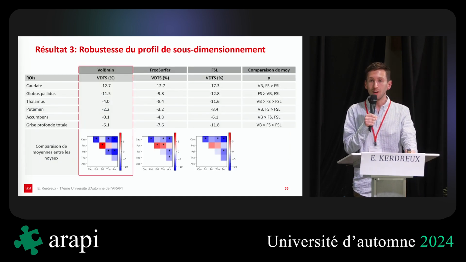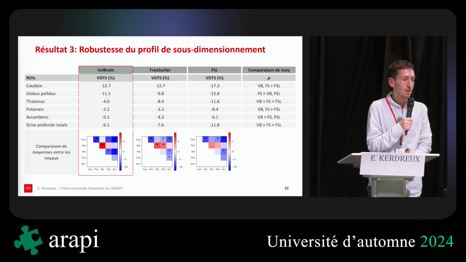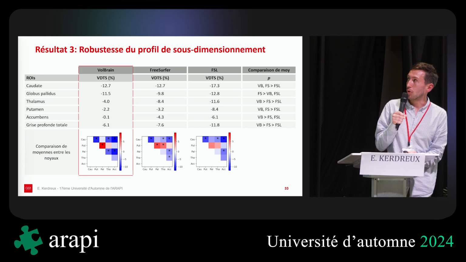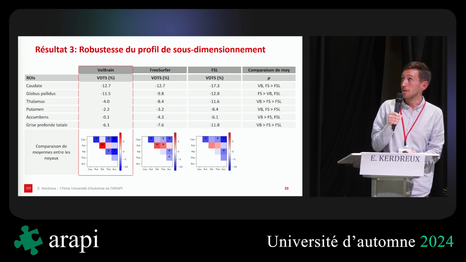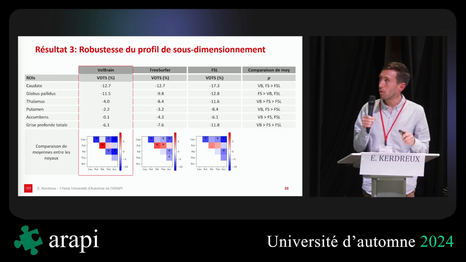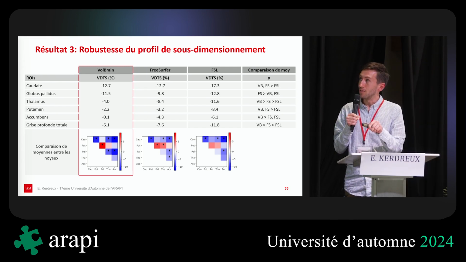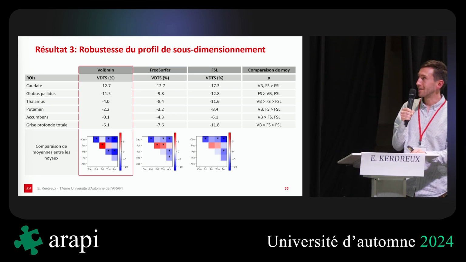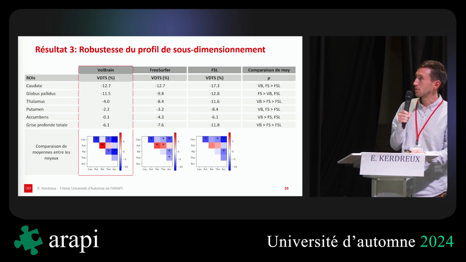In regard to the comparison of our results, based on the segmentation tool, we see that there is a difference. But in spite of those differences, that concern really the magnitude of this over-reduction depending on the tool, we're able to find a convergence.